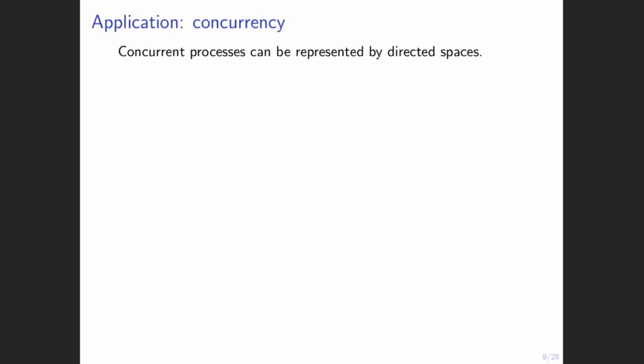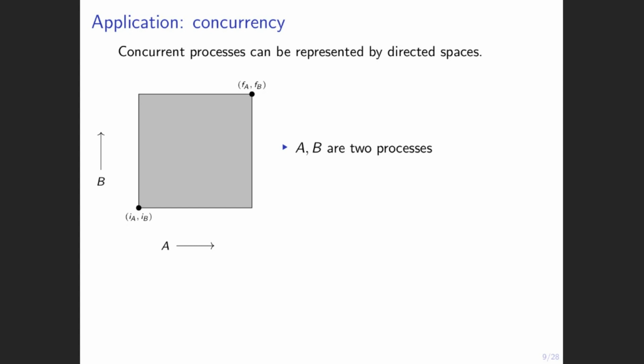One of the main reasons for the development of directed topology or directed homotopy theory is that you can, maybe not easily, but very naturally, represent concurrent processes as directed spaces. Here's an example of that, which I've lifted from a project by Fajstrup, Goubault and other authors.